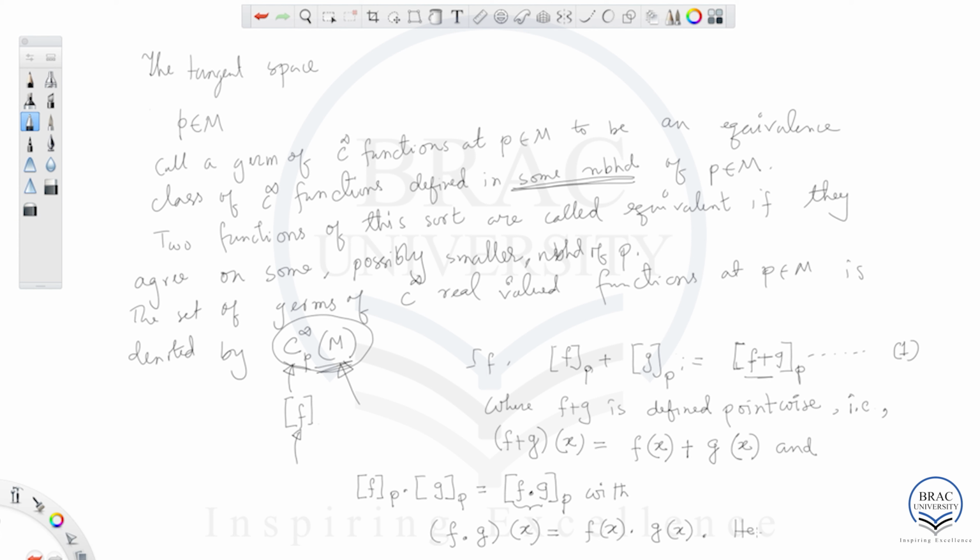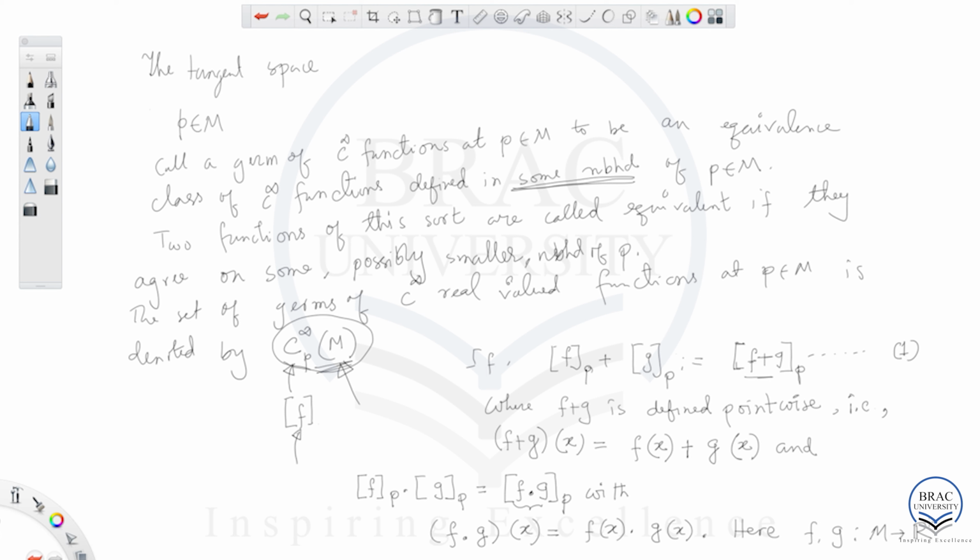Here f and g are both real valued smooth functions. They are functions from M to R.